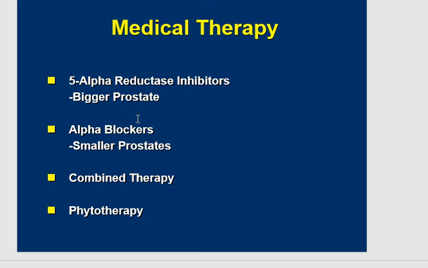So if we can stop conversion of testosterone into DHT, that would result in decreasing the size of the prostate. So finasteride and dutasteride are the two drugs which inhibit 5 alpha reductase.